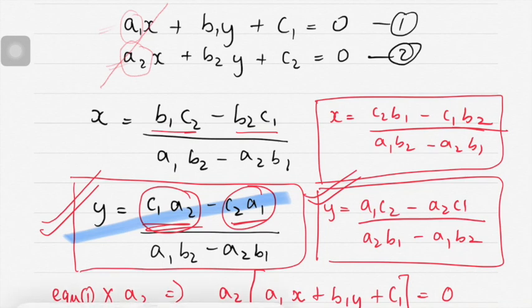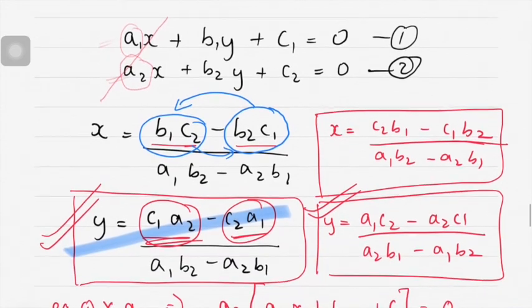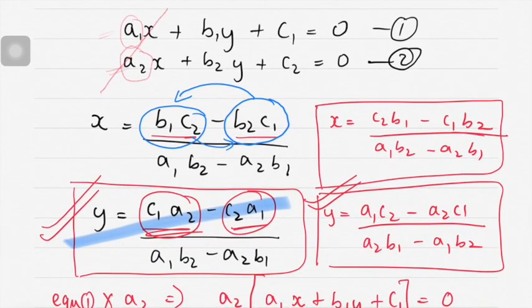Now I got the same formula, but if I would have done equation 2 minus equation 1, then what would have happened? Then this part which I am circling in blue, this part would have come here, and the other part would have come on the other side. Okay, if I would have done equation 2 minus equation 1.